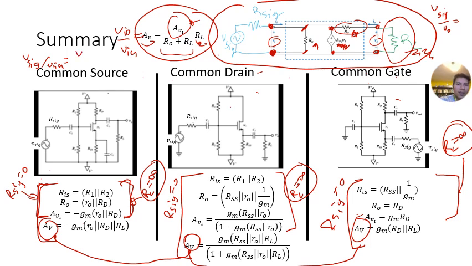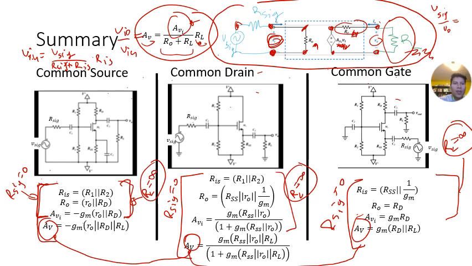well, sorry, let me just backtrack a little bit. I got ahead of myself. So if you look at this circuit, it's also a voltage divider. So the voltage here, V in, is equal to V sig divided by the total resistance, which is just R sig plus RIS, times RIS.